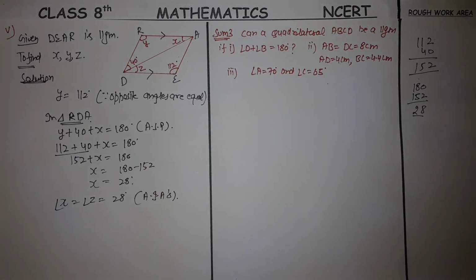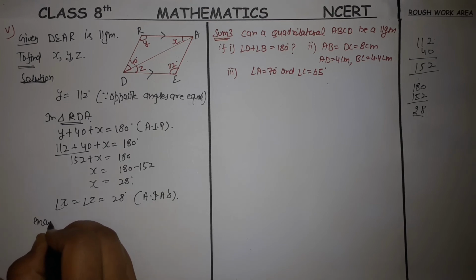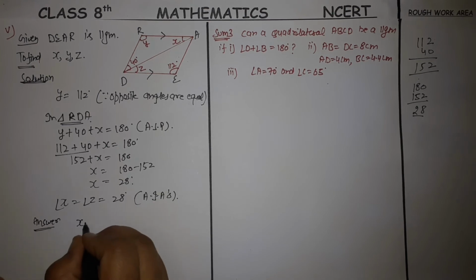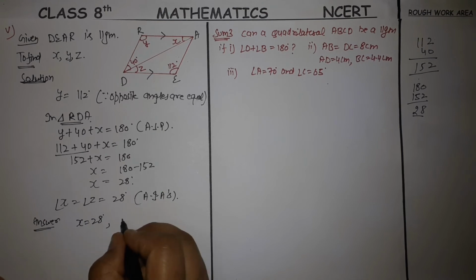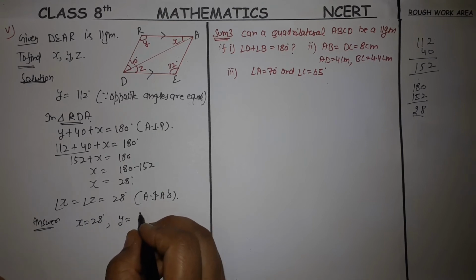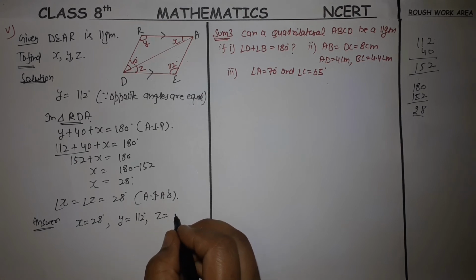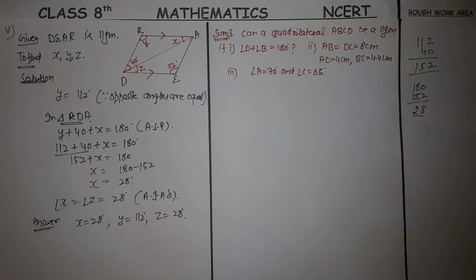Reason? Co-interior angles. There are many methods to solve a particular type of question, but the important thing is that it should be right and in proper manner. Answer at last we will write in every question. X is 28 degrees, Y is 112 and Z is 28 degrees.